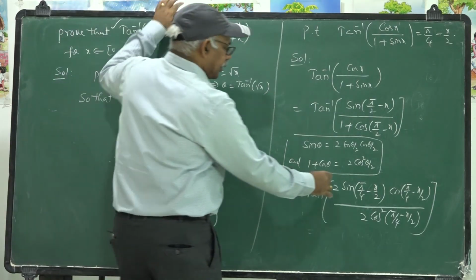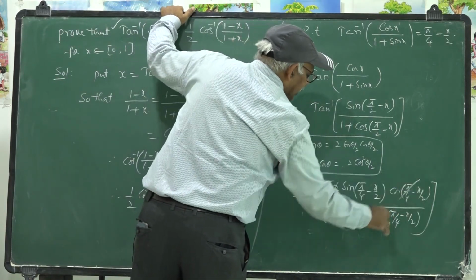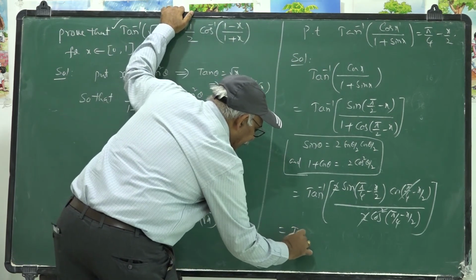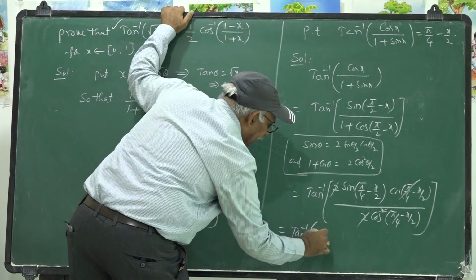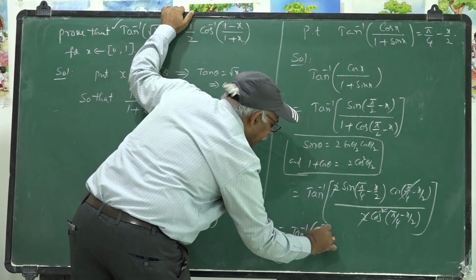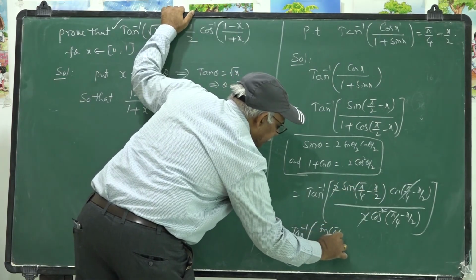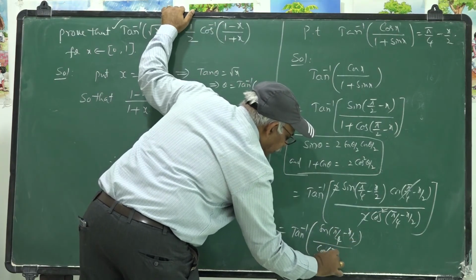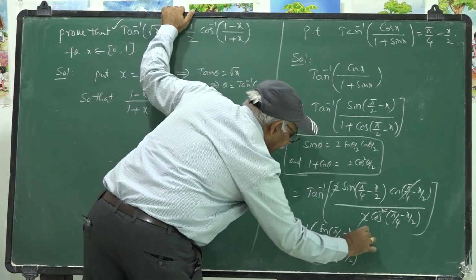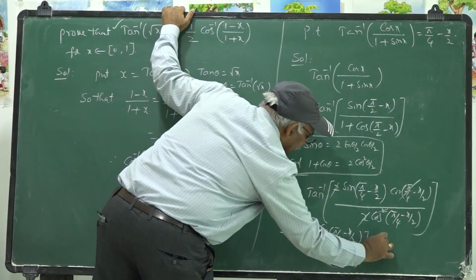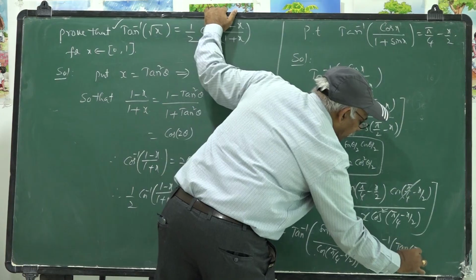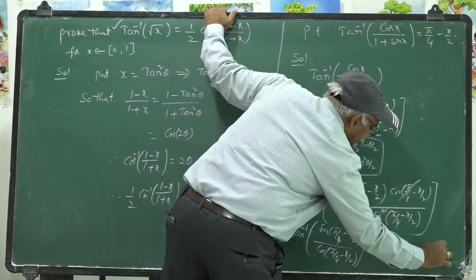Now you can remove these 2 and 1 cos term, so that we get tan inverse of sin pi by 4 minus x by 2 by cos pi by 4 minus x by 2, which gives us tan inverse of tan pi by 4 minus x by 2.